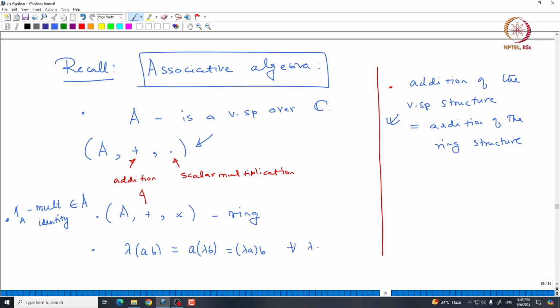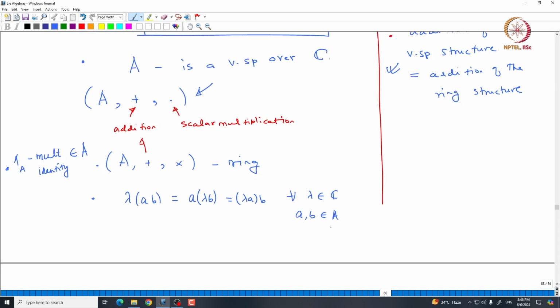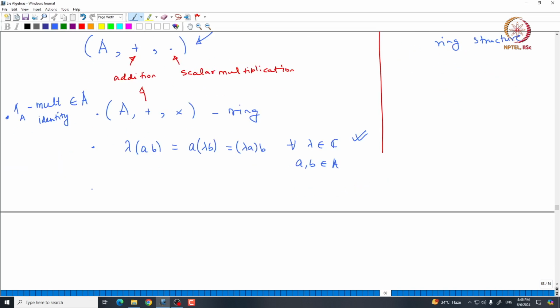This should be true for all lambda inside C and a, b inside capital A. First of all, what is lambda a b? Because scalar multiplication is well defined, lambda a b is well defined, so this is fine, no issue. Now, more than this, we have another important compatibility.